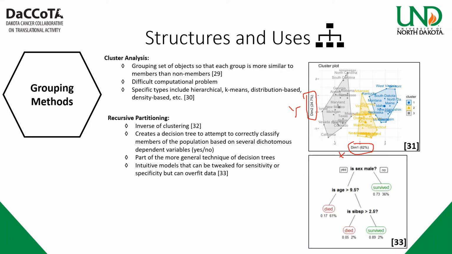A great example here is some outcome which is either survived or died, and then based on sex, age, and I think sibling spouse, we try to predict whether an individual is going to survive or not. This recursive partitioning is a lot of times used in medical diagnoses or outcomes, etc.